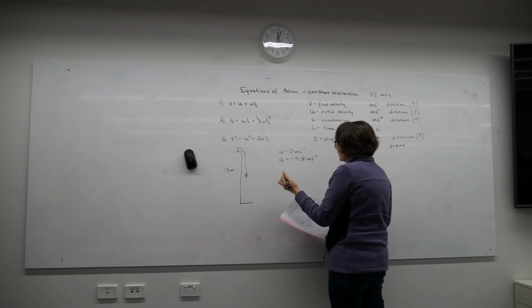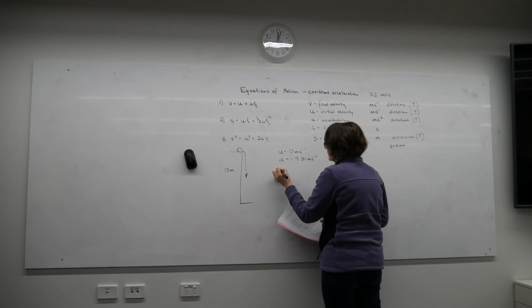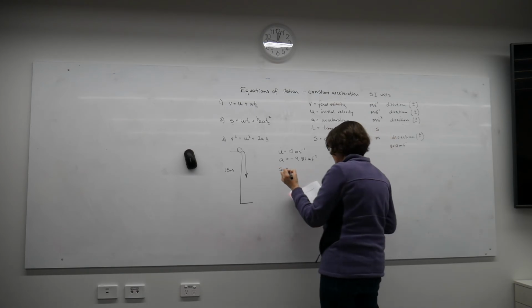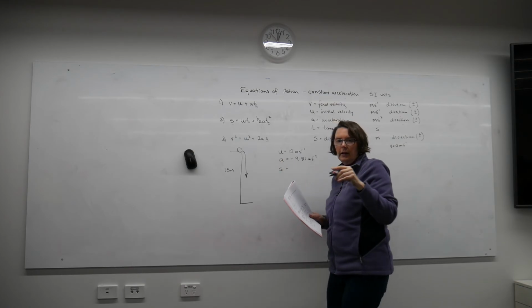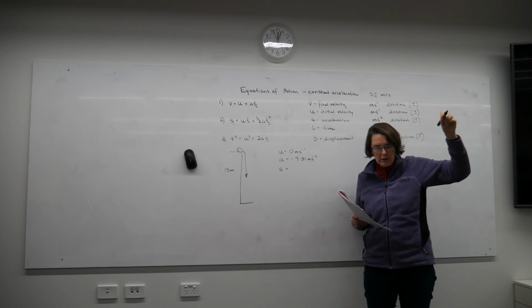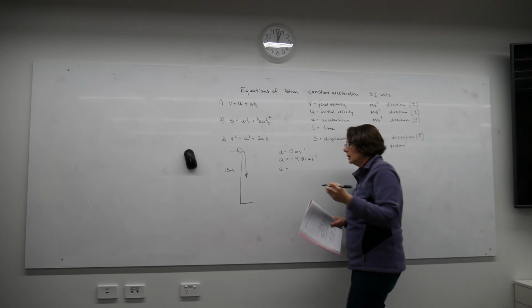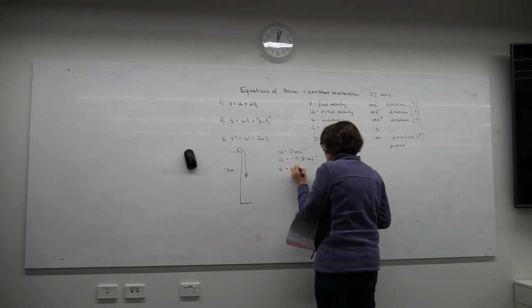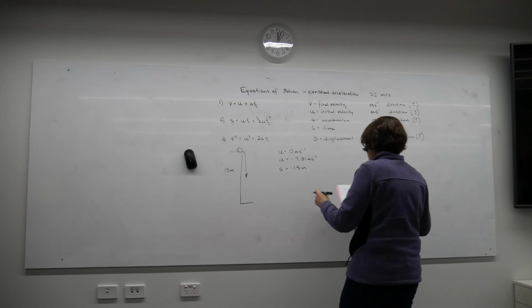We don't know the time, but we do know that it fell 15 metres. So its displacement is 15 metres. But it's actually going down. It was at positive 15, but as it goes through this motion, it's going down towards the ground, so its displacement is going to be negative 15 metres.